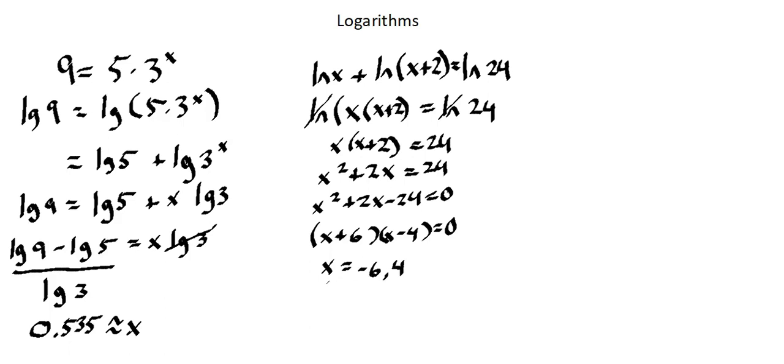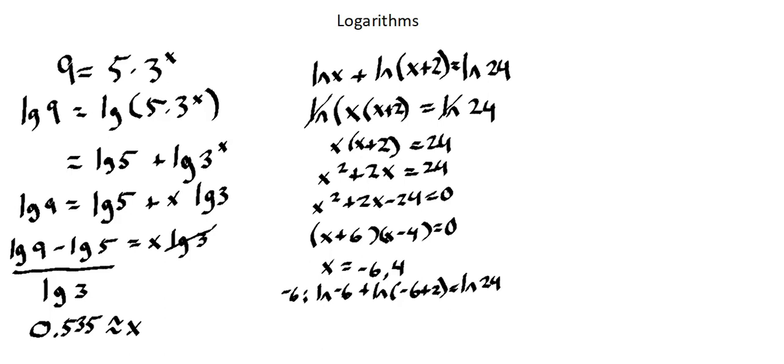Now when I test these by plugging them back into my equation, let's begin with negative 6. When I plug negative 6 into the original equation, the natural log of negative 6 plus the natural log of negative 6 plus 2 equals the natural log of 24.